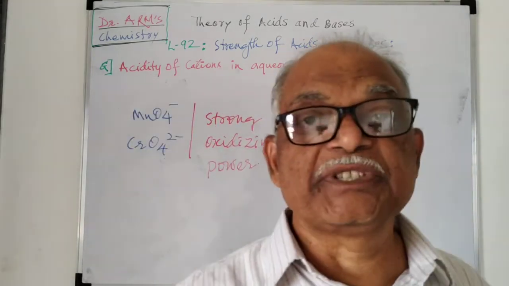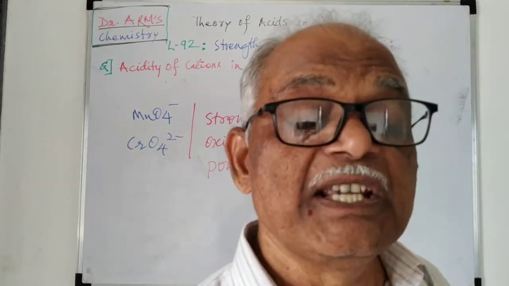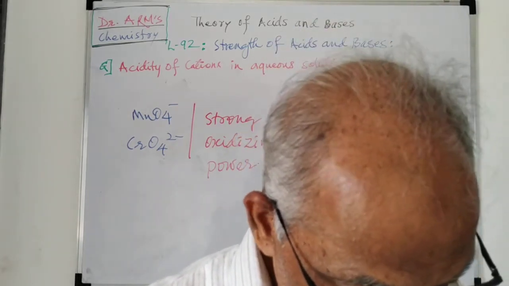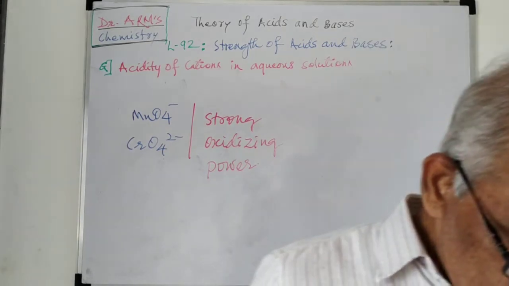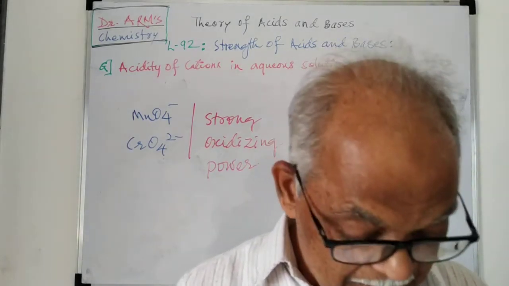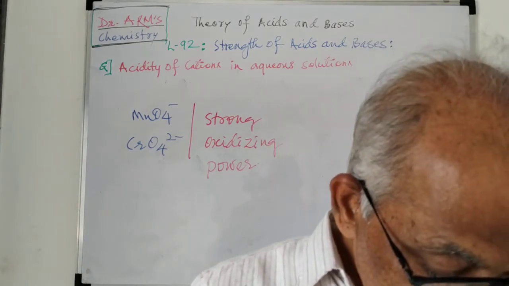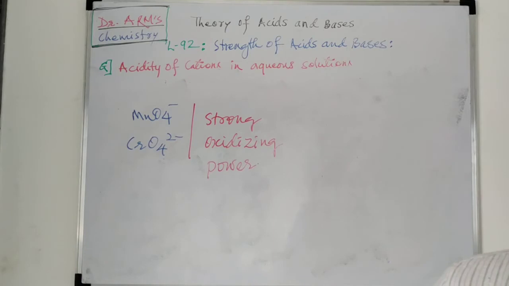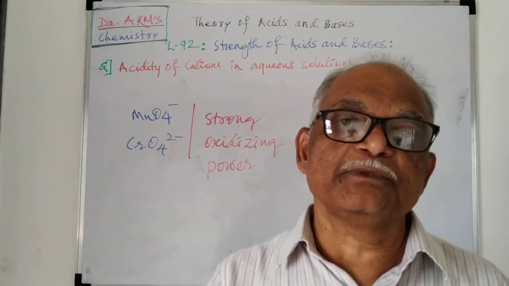When they are used in acidic medium, they behave as strong oxidizing agents. This is because these ions are very weak bases, and their Ksp values are relatively lower.